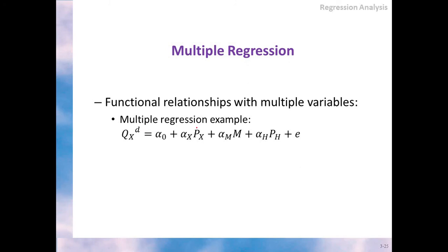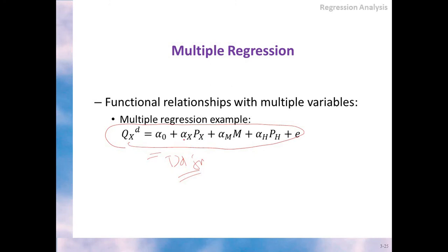This is what we call multiple regression. You see here, this multiple regression is exactly like how the linear demand function looks. So this is also similar to the multiple regression model.